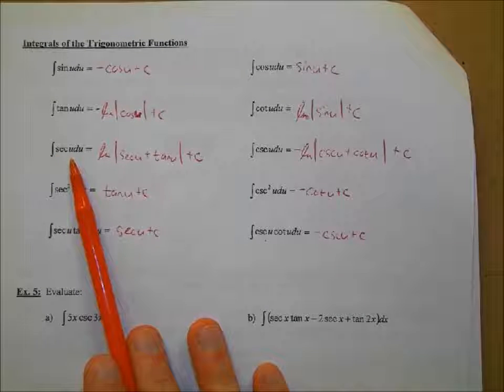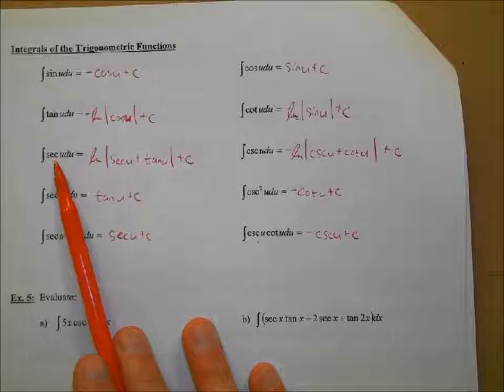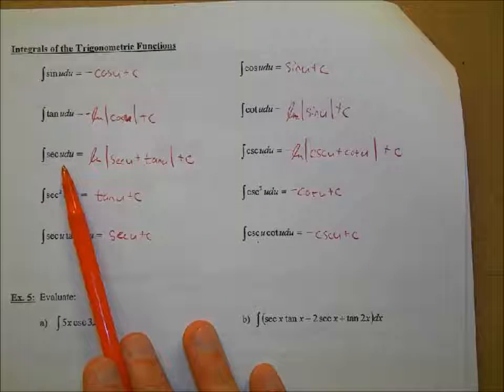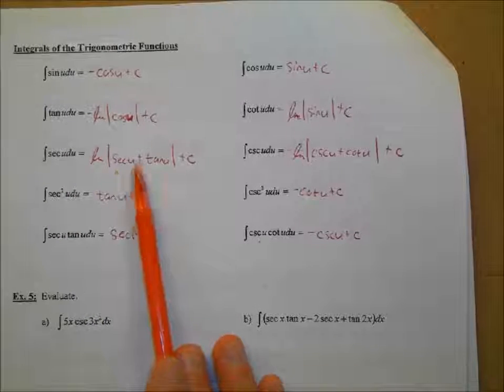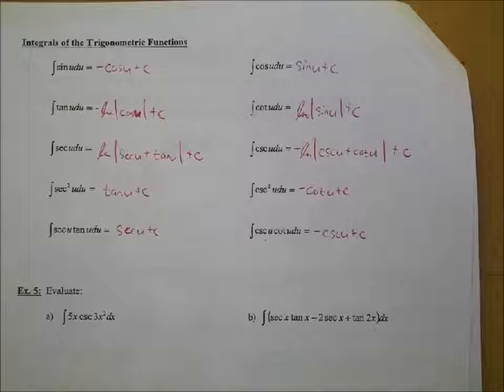Okay. I will say this, right? We know the derivative of secant is what? That's what it's equal to, 1 over cosine. What's the derivative of secant, though? Secant u tangent u. And then its integral is natural log of the absolute value, secant u plus tangent u.